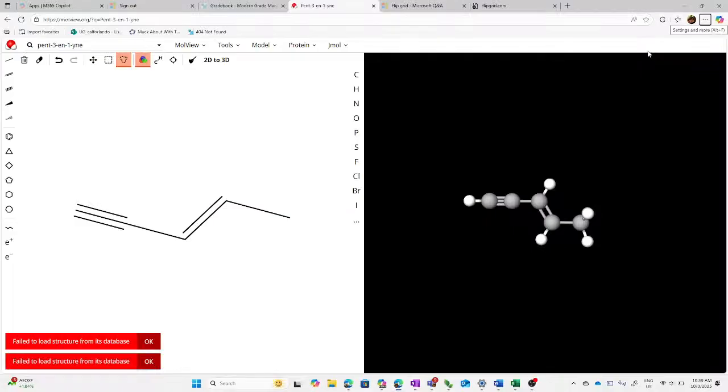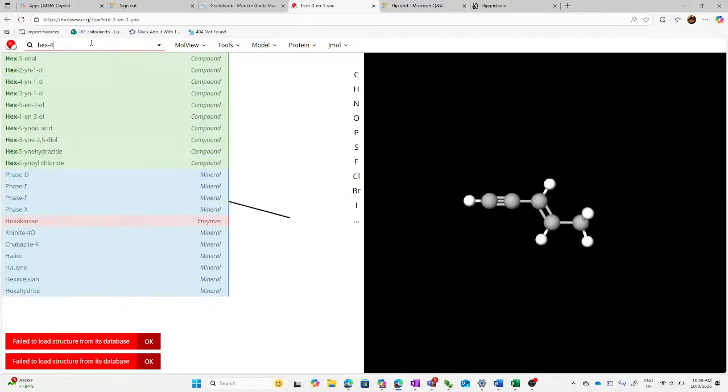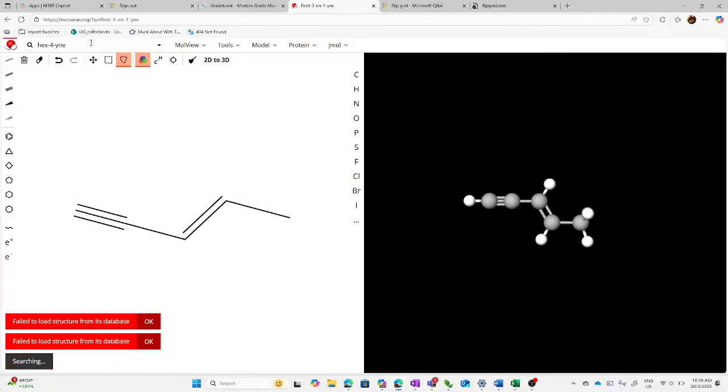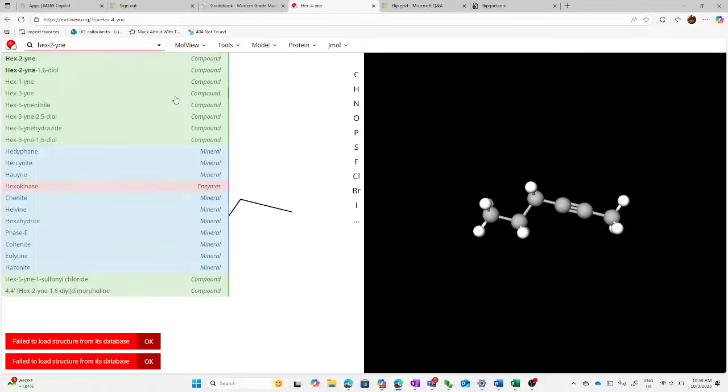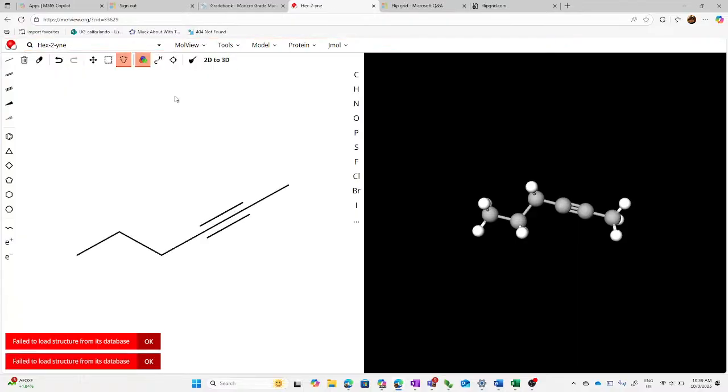Which, by the way, is the same structure, so it's not wrong, just not the best name. If I tell it to make hex 4 ein, it's going to make the exact same thing as if I tell it to make hex 2 ein. So it's not an incorrect answer, it's a suboptimal answer. Does that make sense? It's not the most parsimonious, not the most efficient answer.